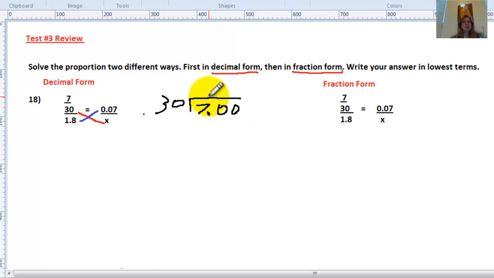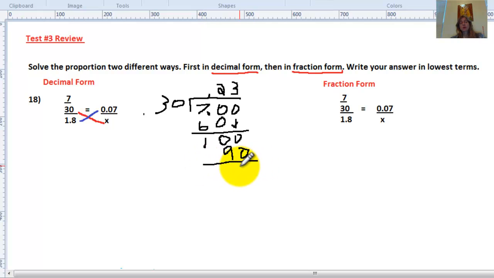So 30 into 70 then goes twice, and you make sure you put the 2 over that 0 there, but you still have a decimal there. So 2 times 30 is 60, and then you subtract, and that will give you 10. 30 does not, of course, go into 10, so you bring down this 0, and you have 30 into 100, which goes 3 times, which is 90. 90 will then give you a 10.